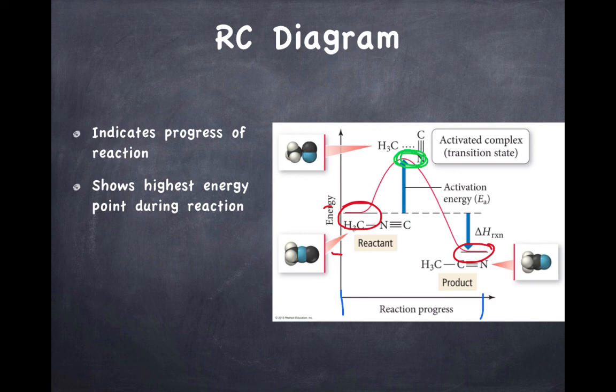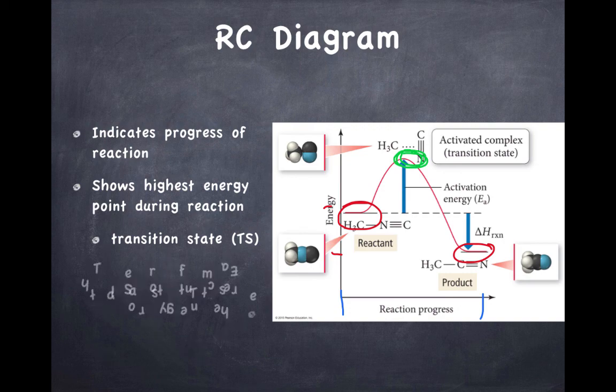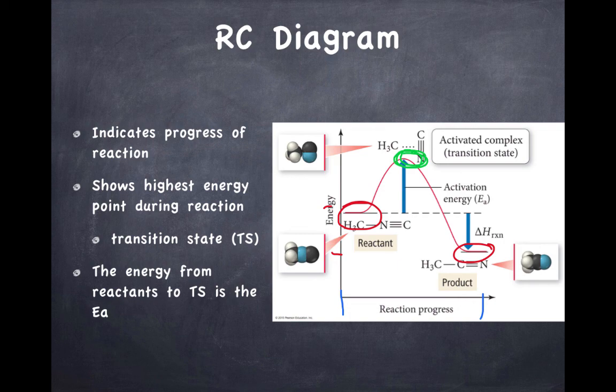Sometimes it's called an activated complex, and sometimes a transition state. I'll generally refer to it as a transition state. It's that transition from reactants to products. So the energy from the reactants to the transition state is the activation energy. We see that right here, our blue arrow going from the energy of the reactants up to this top hill. The difference in those energies is our activation energy.